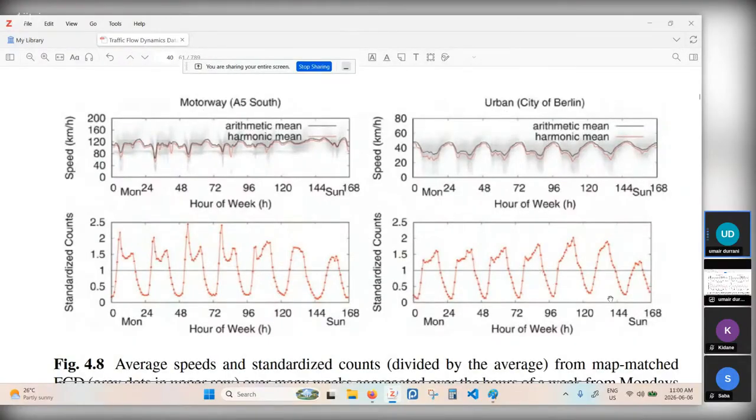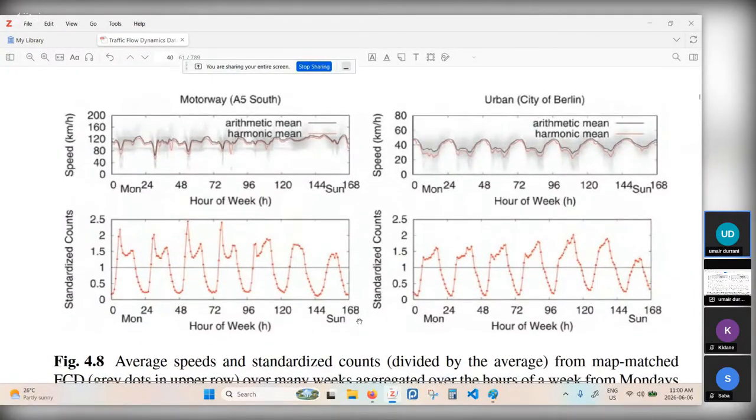So for the city, we do see there's a peak for Saturday. So there are still a lot of floating cars moving in the city, but a very small peak on Sunday in the city. On the motorway, we see a relatively higher number of counts, and that is expected because people travel intercity over the weekends. So that is expected.